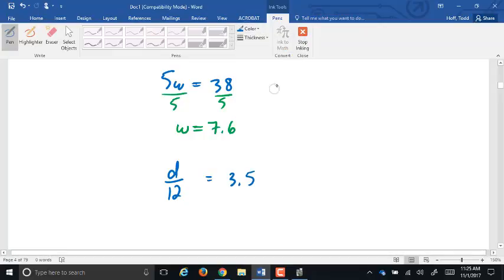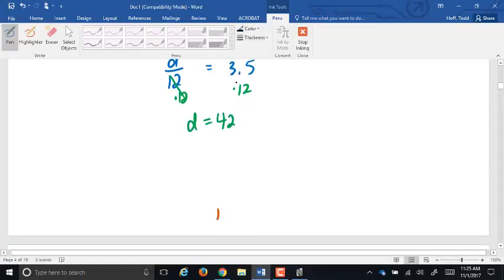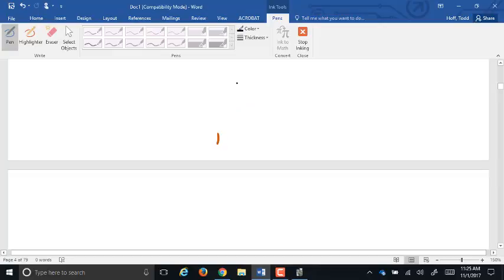What do we do to solve that? Multiply by 12, we get d equals 42. Good. So all it was was looking at the equation, seeing what operation had been done to the variable, and then doing the inverse.